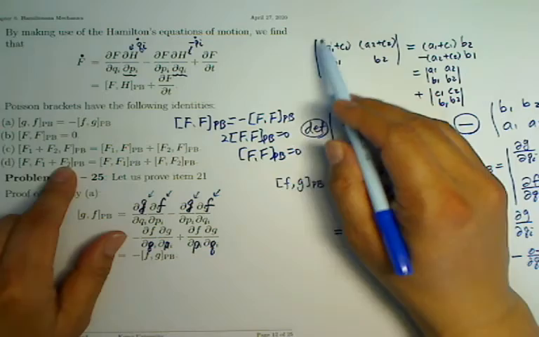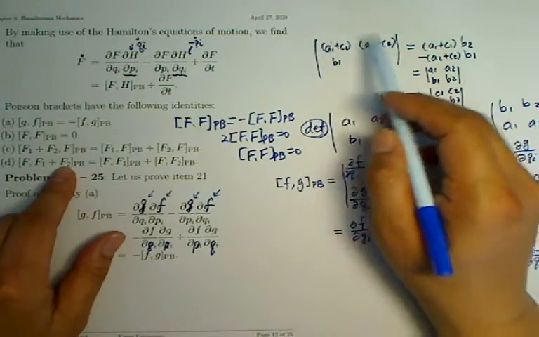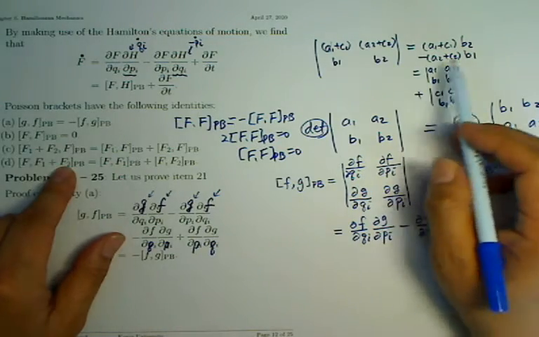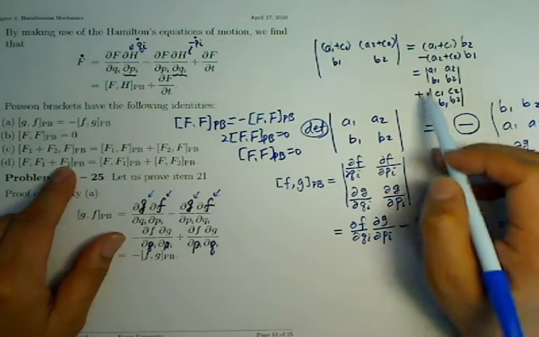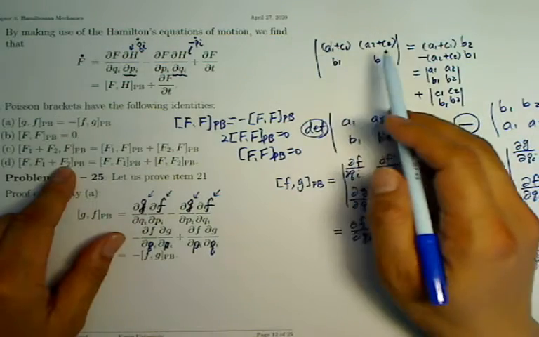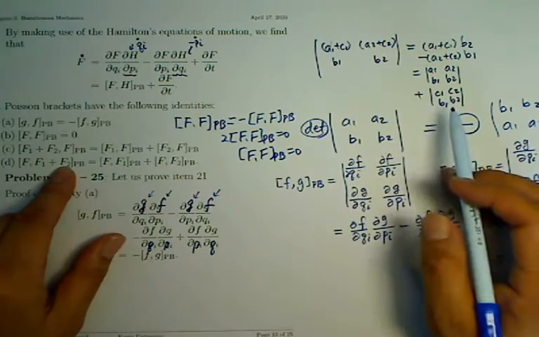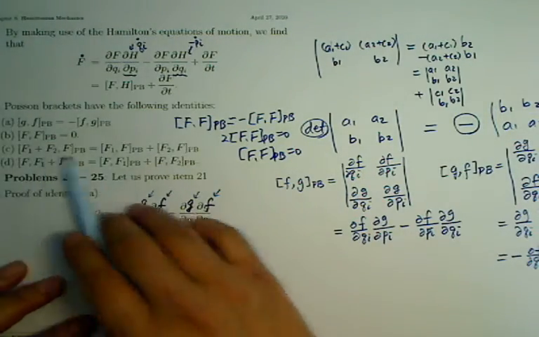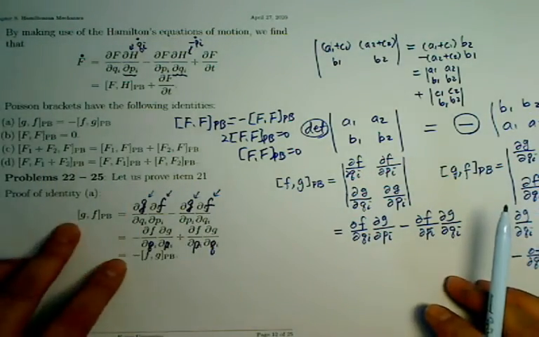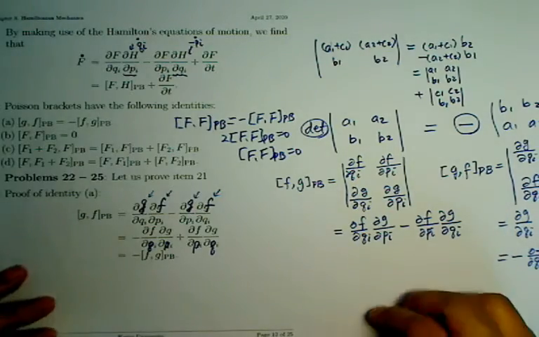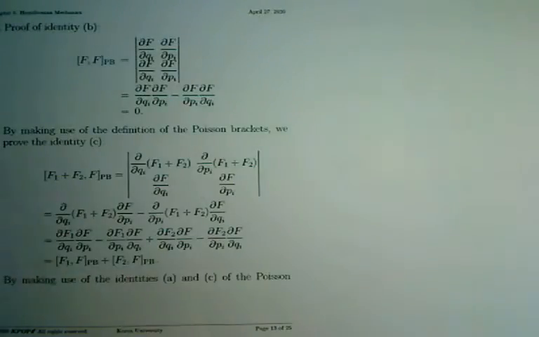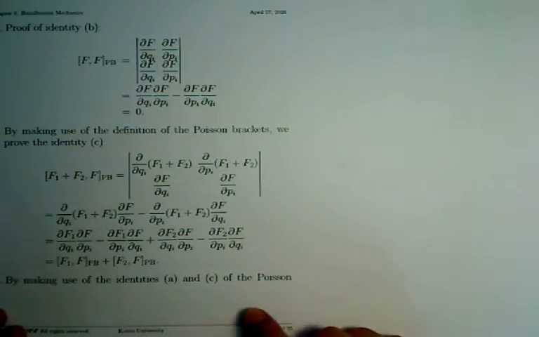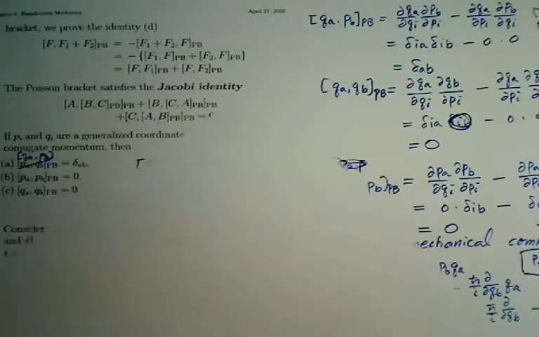If I put the sum of two row vectors, the final result is the sum of the two determinants. Therefore, from this we have the linear properties of the Poisson bracket operator. These are the detailed proofs of those relations.